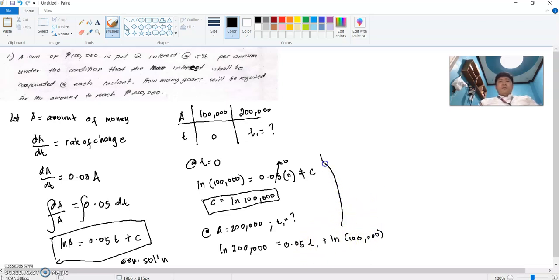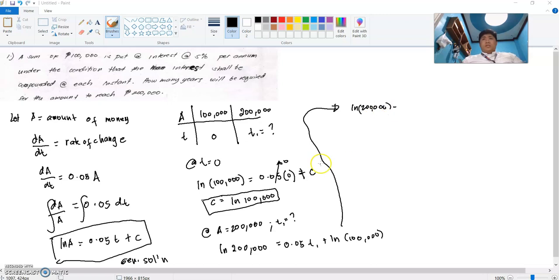So let's continue. We have ln 200,000 minus ln 100,000 equals 0.05 t sub 1.